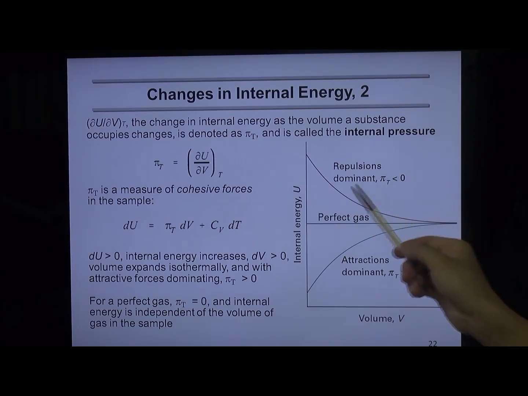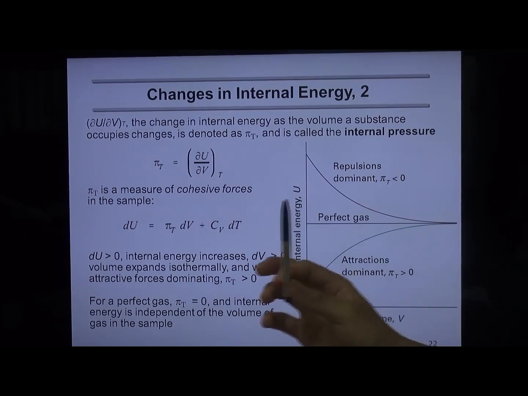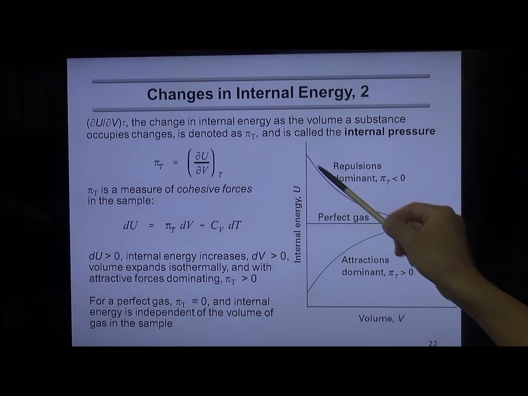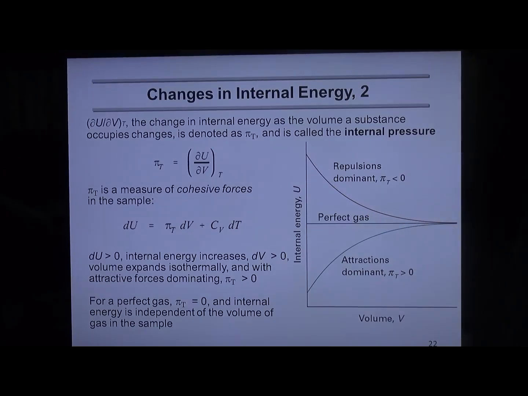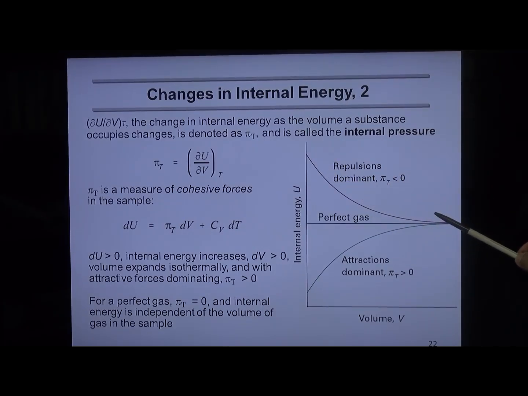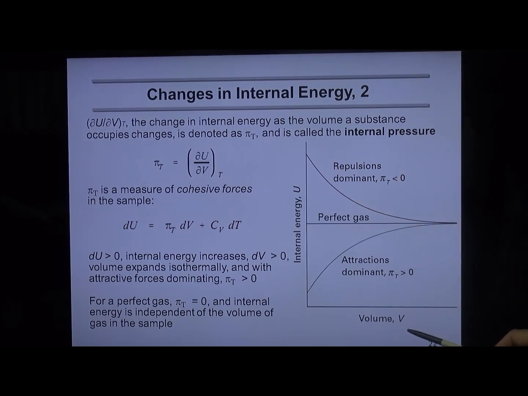They don't want to be close to each other. So we make the volume increase, and they are farther apart and happier, which means that their potential energy decreases. They get more stable. So when repulsions are dominant, internal energy decreases as a function of volume.